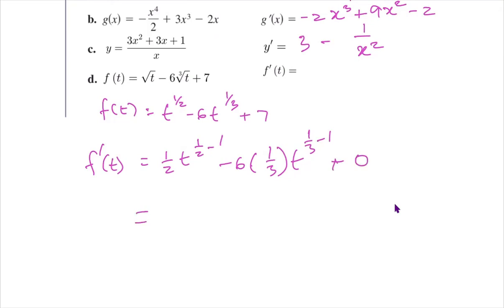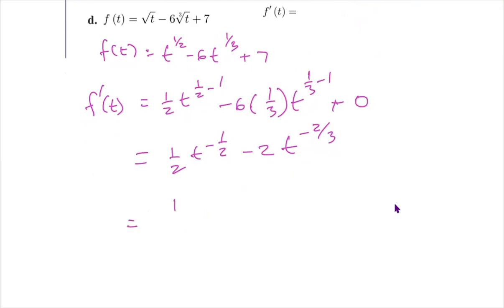So that equals 1/2 t to the power negative 1/2 minus 2 t to the power negative 2/3.